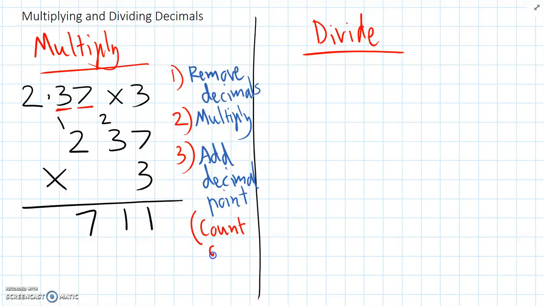So count decimal place values and then put that back into the answer. So our answer should have 2 decimal place values, and we put our decimal point in there. So the actual answer is 7.11, and that's more reasonable. We thought it should be about 7 when we estimated.